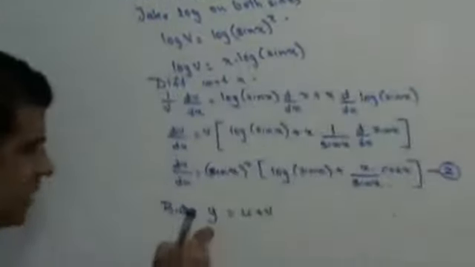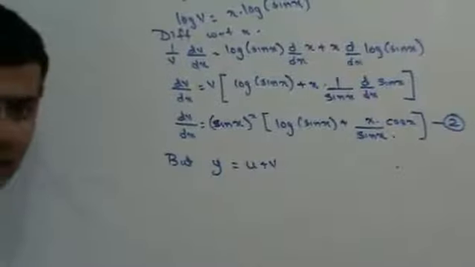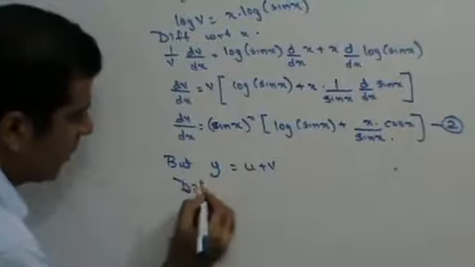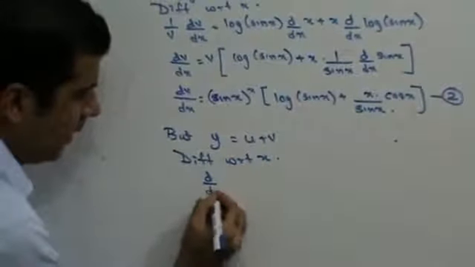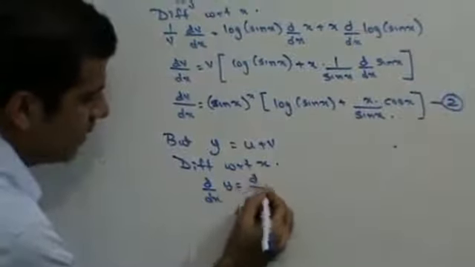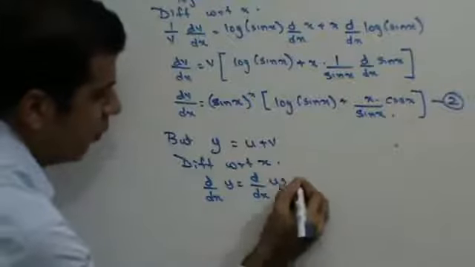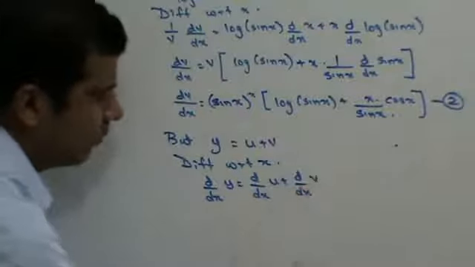Hence, I can say that y is equal to u plus v. Differentiate this equation. So you will get d/dx of y is d/dx of u plus d/dx of v.